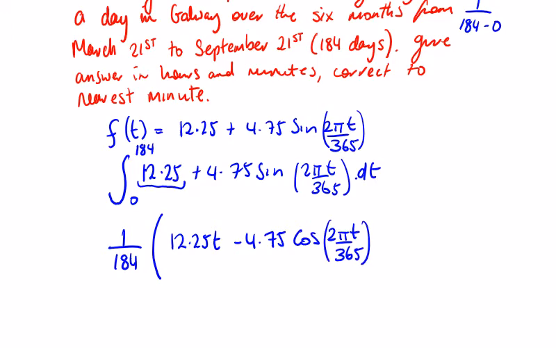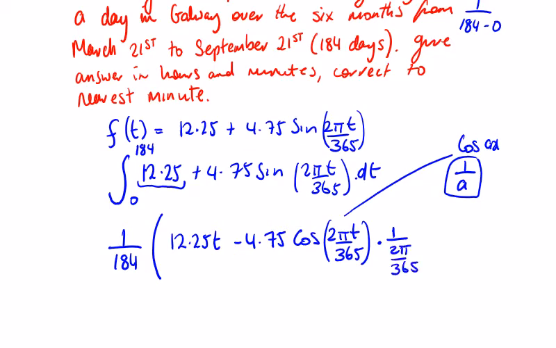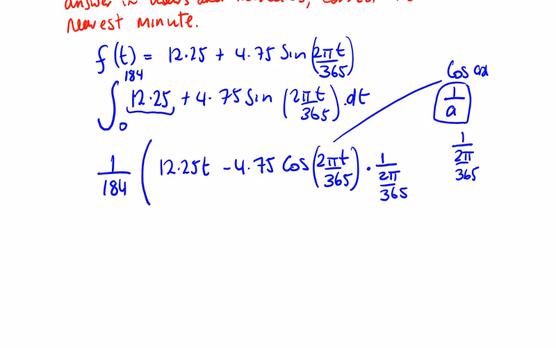The bit to remember is that this is like sine ax, so you have to multiply by 1 over a when you're integrating. a is the constant in front of t, 2 pi over 365. 1 over 2 pi over 365, if we turn the fraction upside down and multiply, gives 365 over 2 pi.